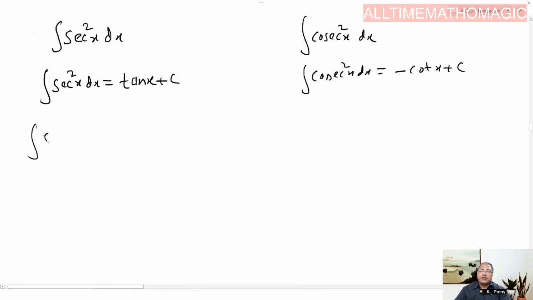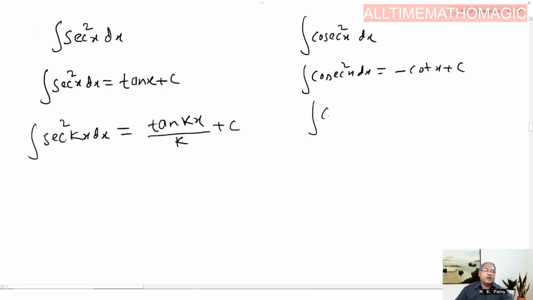Example, integration of sec square kx with respect to x equals tan kx upon k plus c. Similarly, integration of cosec square kx with respect to x equals minus cot kx upon k plus c.